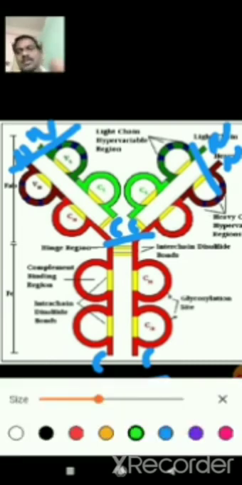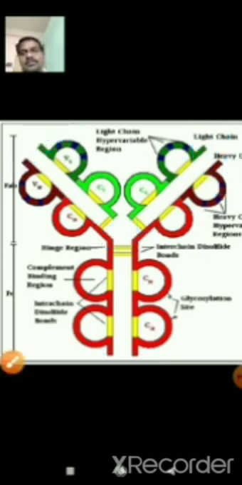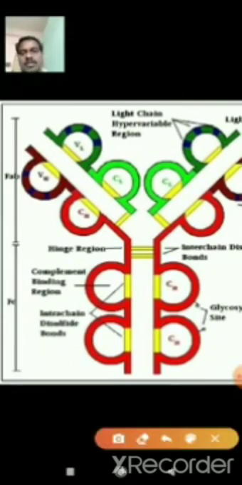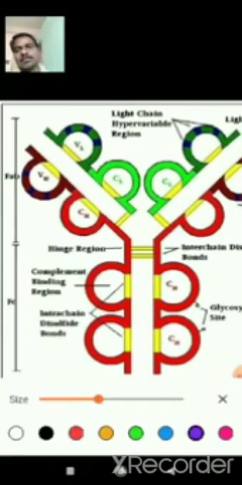Very important: the N terminals are also called the FAB part, meaning antigen binding part. Suppose this is the N terminal and here another N terminal.